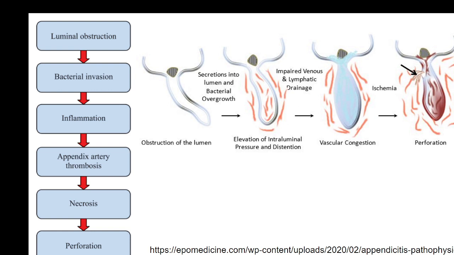So there is always a shift of the pain from the umbilical area to the right iliac area, or the Meckel point, and the time interval between the onset of the pain in the umbilical area and the shift of the pain to the iliac area is another factor which can even predict the prognosis. The shorter the time taken, the prognosis is poor, or rather it suggests that the inflammation is spreading rapidly.